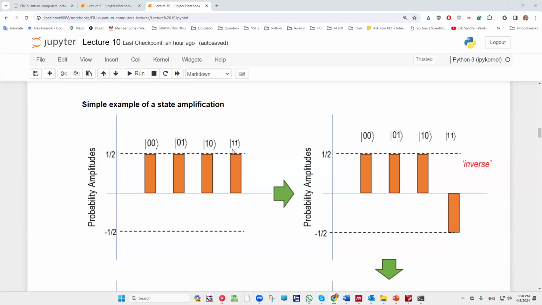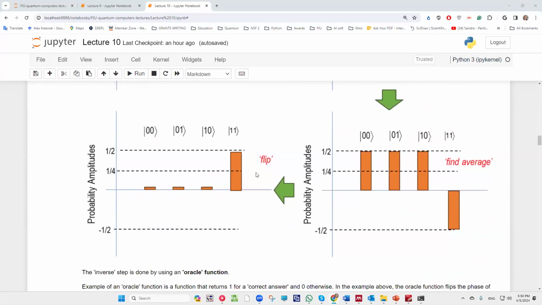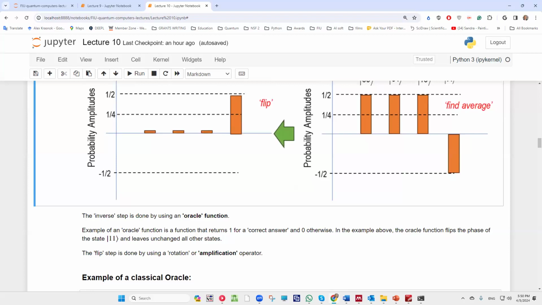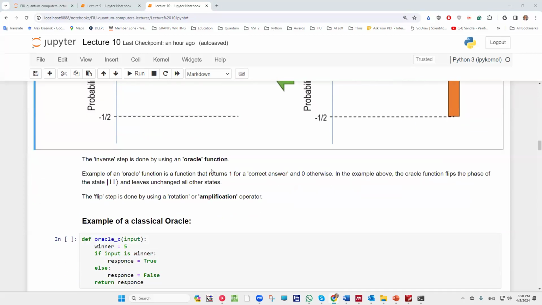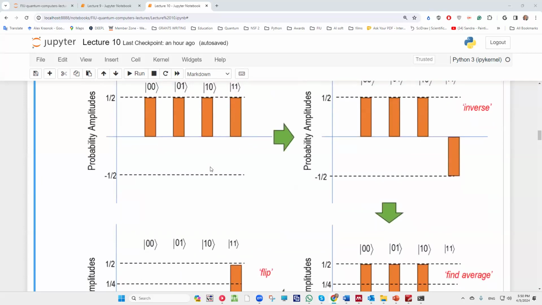So it's a great number, and still you can find the element in the system with just one single run of this code. All right, so this is more or less how Grover's algorithm works in a nutshell.